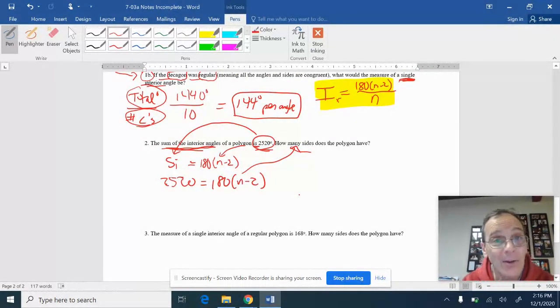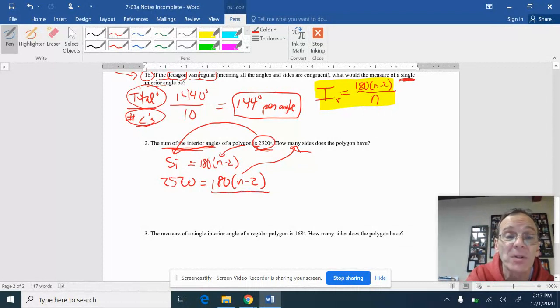Now, I know most of you would probably distribute the 180 because students love to distribute. Whenever they see a chance to distribute, bam, they distribute because they know how to do it. They can do it right. They're confident. But that's not how I would solve this equation. You can, it's totally fine. And in the completed version of these notes, I could show you how you can solve this equation by distributing the 180.